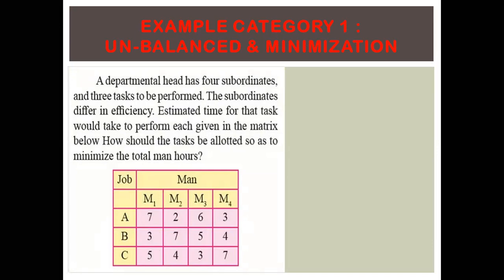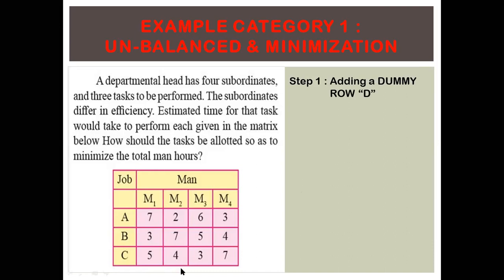That means we are missing a fourth row. So class, whenever your sums are not balanced, you can make them balanced by adding a dummy. Correct. Dummy refers to a row or a column in which all the numbers are 0.